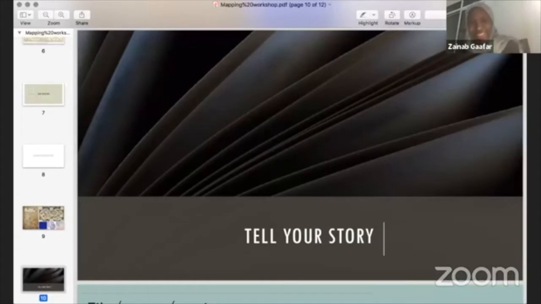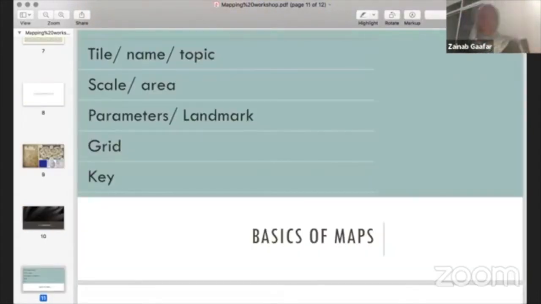So usually what I described earlier of a focus point, or making people look at a certain part of a map, usually how you do that is by thinking of a title or a name or a topic for your map.